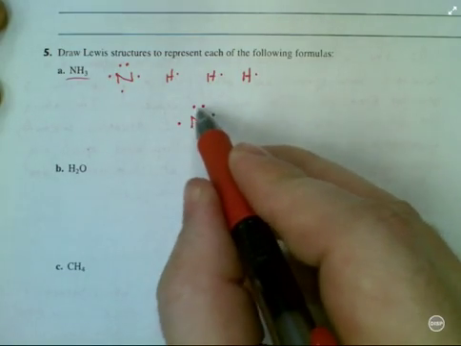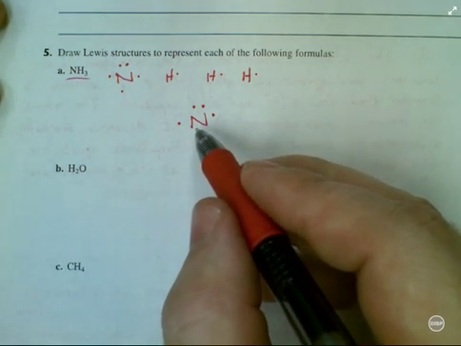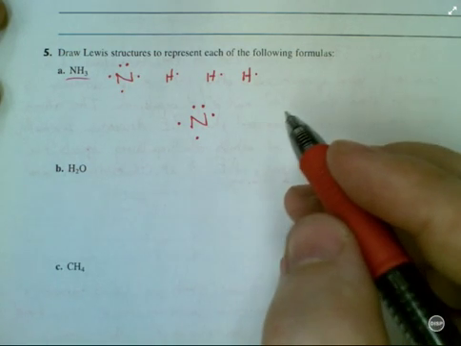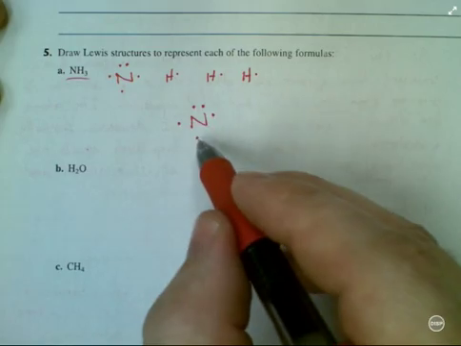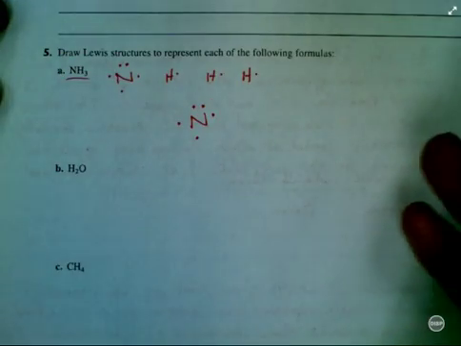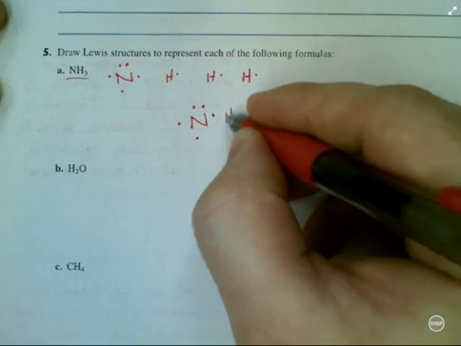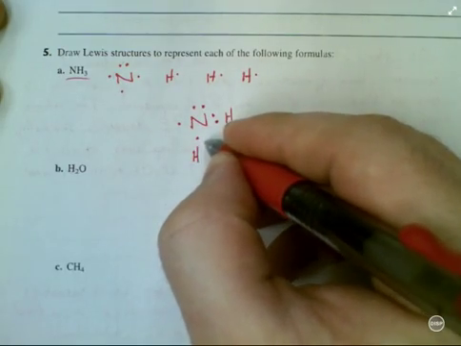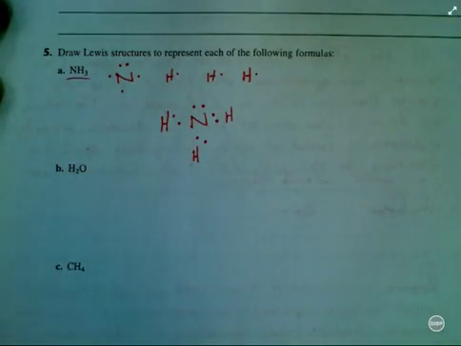Now, looking at this diagram, I see that there are 3 unpaired valence electrons. 3 unpaired valence electrons means the potential for 3 bonds, because each of these unpaired electrons can be shared with some other atom. For example, a hydrogen right here with its 1 valence electron, or a hydrogen right here with its 1 valence electron.